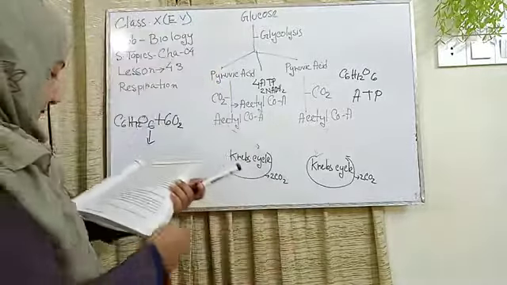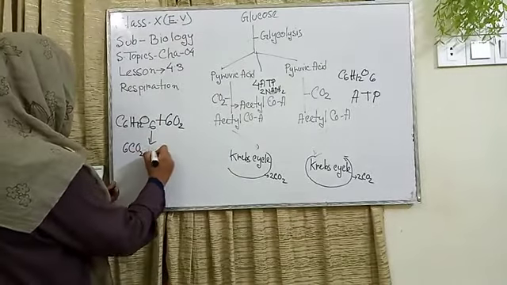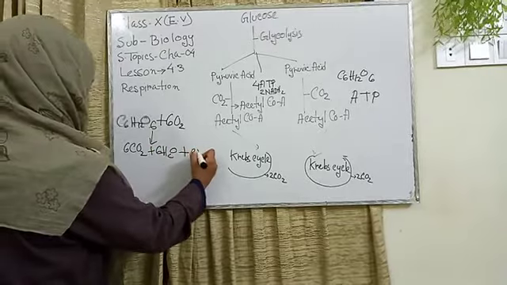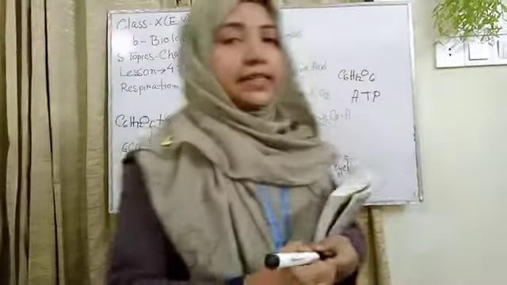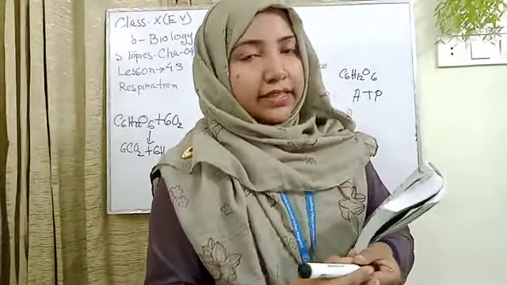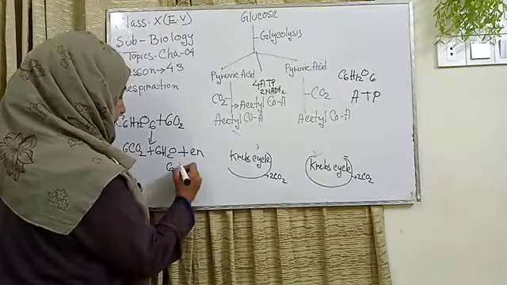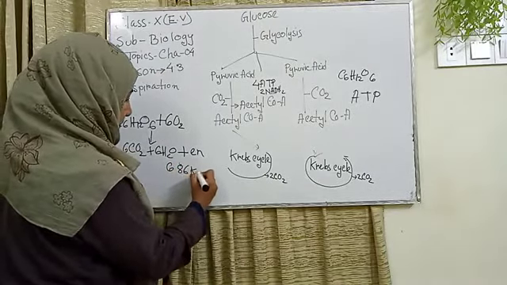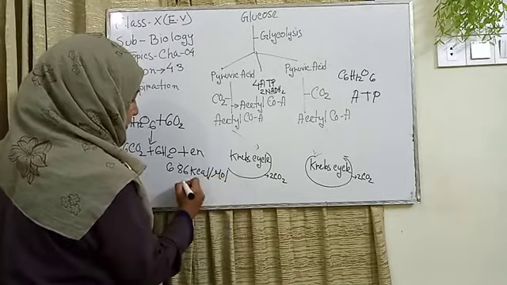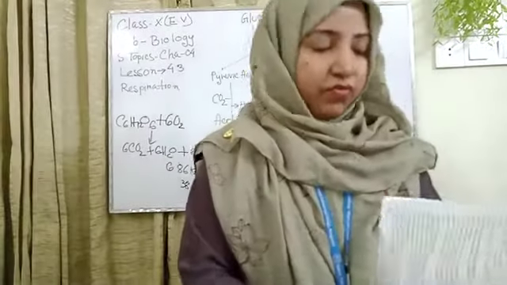I write 6 carbon dioxide, 6H2O plus energy, where we read 686 kilocalories per mole, or 38 ATP.